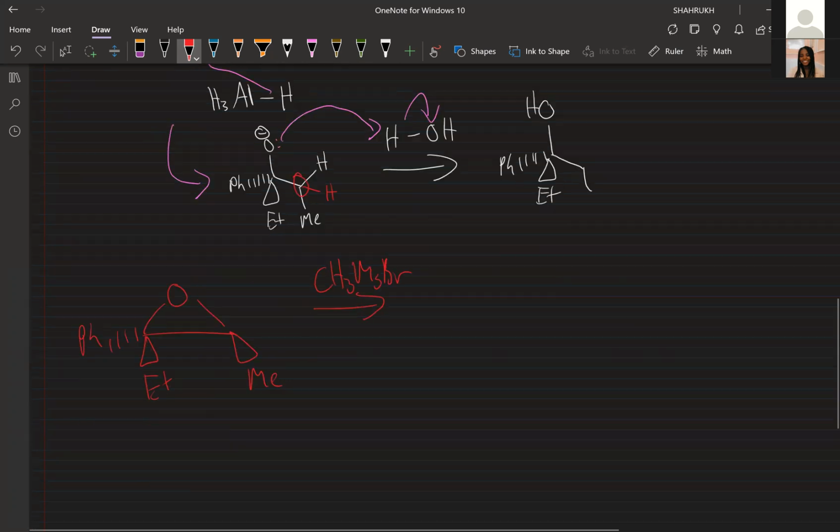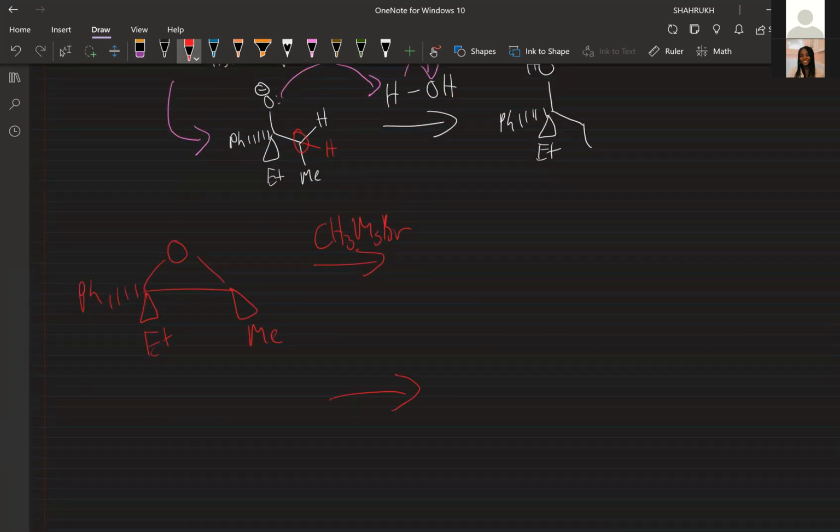But if we use something like sodium methoxide, it will still keep its stereochemistry. It will just be inverted, because now you're attaching a fourth distinct group. So just make sure you're aware of what nucleophile you're using.